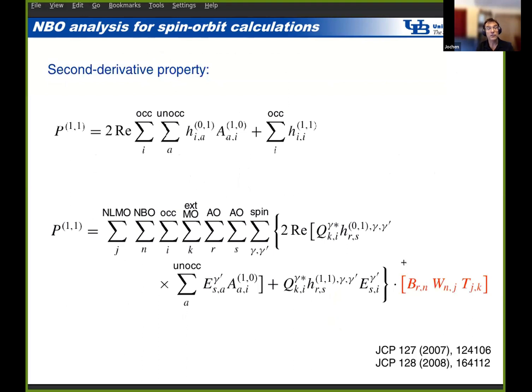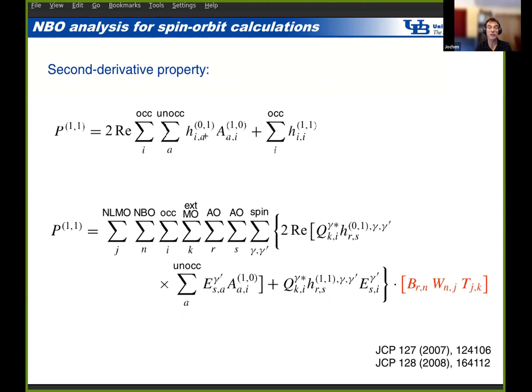Here's the expression for a second derivative property, such as NMR shielding or J-coupling, but you can also use this more generically for other types of properties, such as polarizabilities. Typically you have a mixing matrix that represents the perturbed orbitals in the basis of unoccupied unperturbed orbitals.